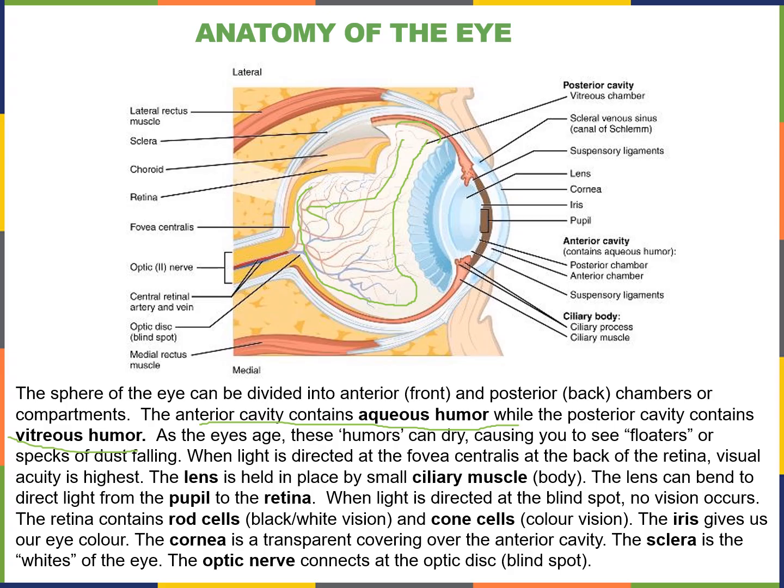All of this here is the posterior cavity, and vitreous humor is the substance that's in there. It's a more jelly-like substance compared to aqueous humor. Now the anterior cavity, which is shown at the front here, contains the aqueous humor, which is more liquid-like.